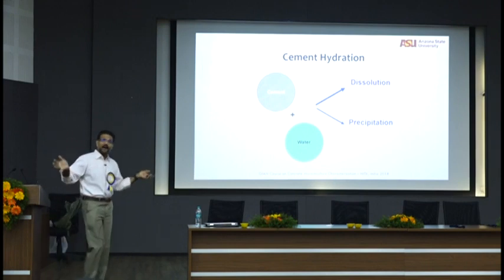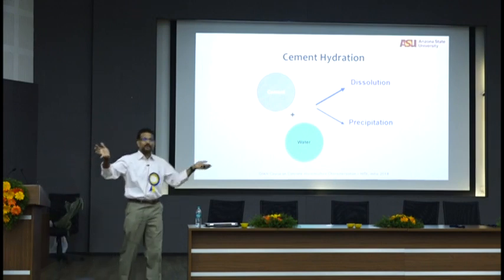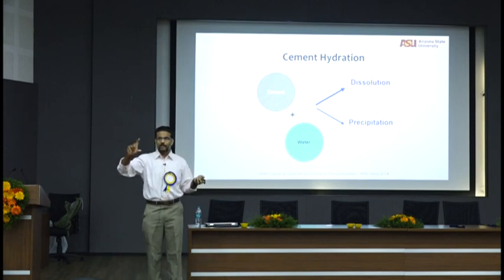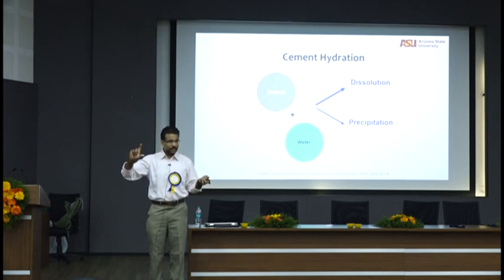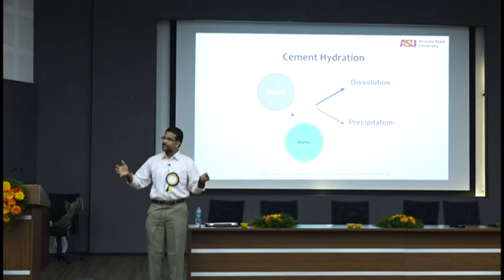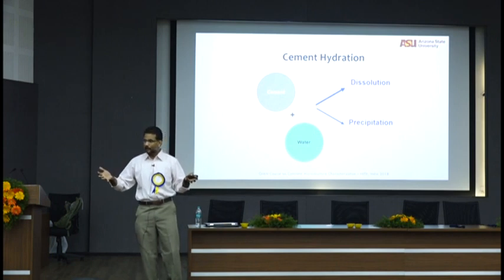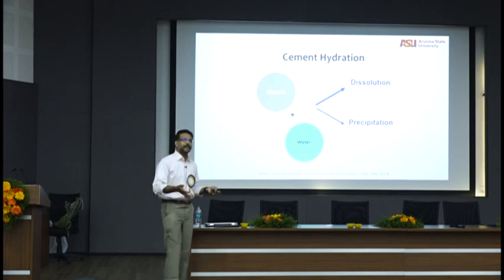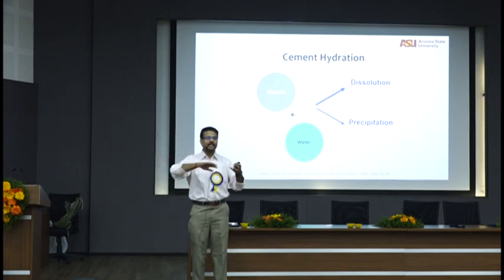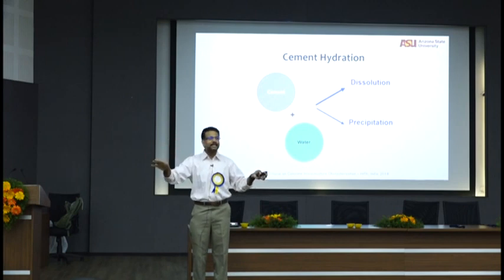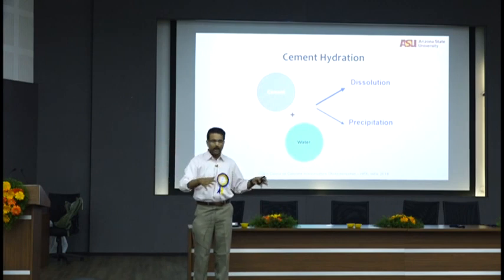When enough ions come from the cement to the water, you will say the solution is saturated. When the solution is saturated, it cannot accept any more ions because it is no more in equilibrium. If it is not in equilibrium, any system in the world has only one tendency: go back to equilibrium. Why?